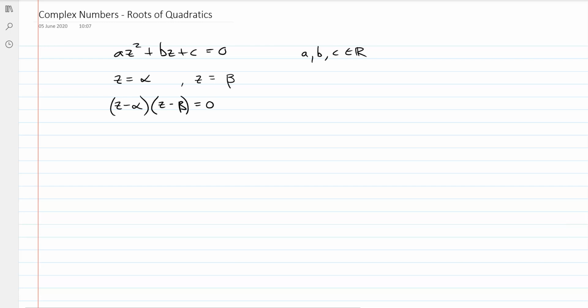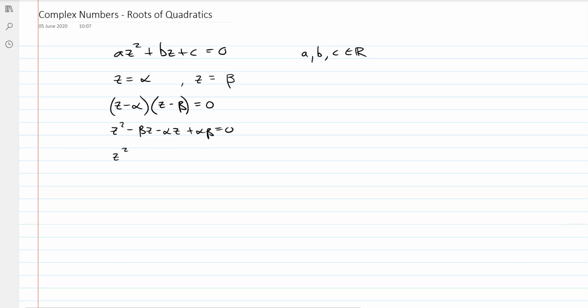So alpha and beta are the roots, just like if x is 3 and x is 4 for a particular quadratic. We know they must have come from brackets that look like this. So we can write it like this. Exactly the same with the complex numbers. And if we expand this, we'll get z squared minus beta z minus alpha z plus alpha beta.